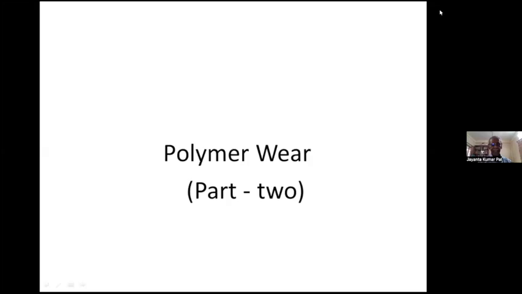We discussed there that polymer wear involves mainly adhesion, abrasion, and fatigue. All these three mechanisms may not work together, but partly or sometimes they may work together. So we need to take care of all the three mechanisms. And in the first part, we discussed the adhesion and abrasion of polymer wear.